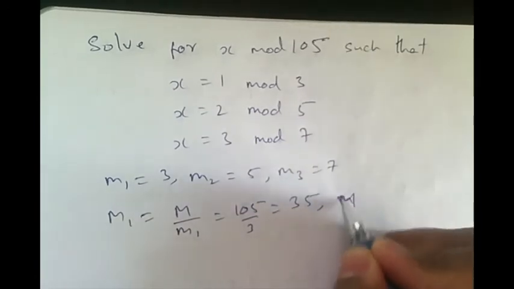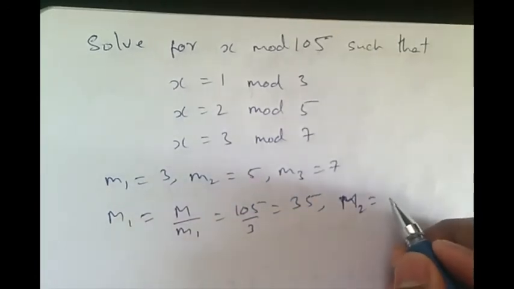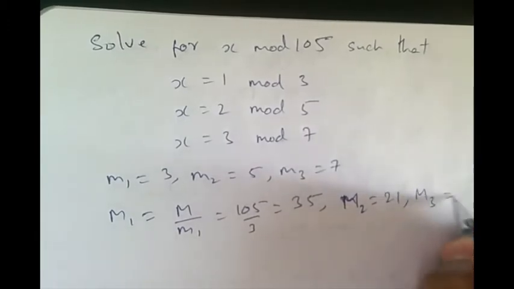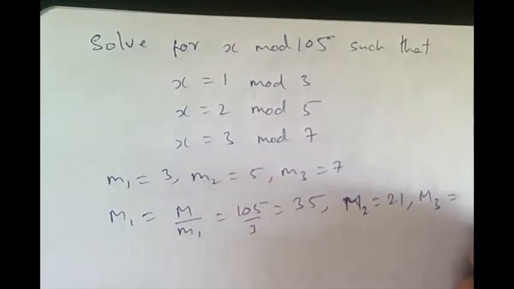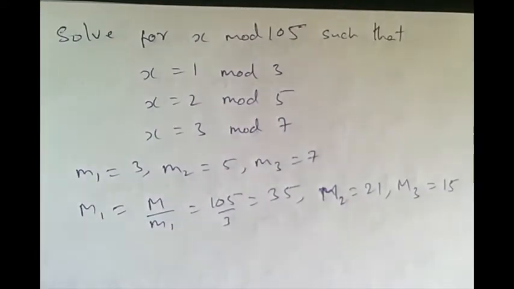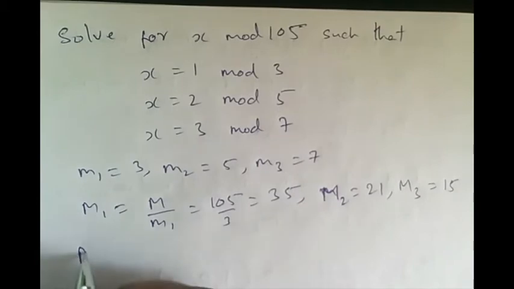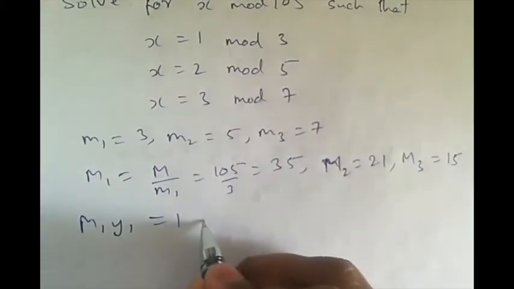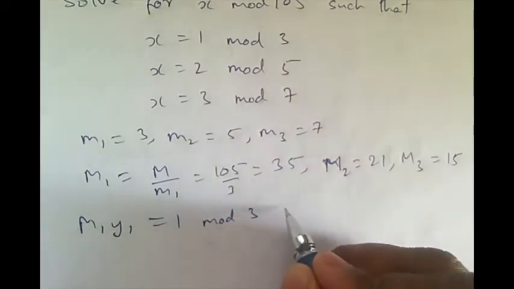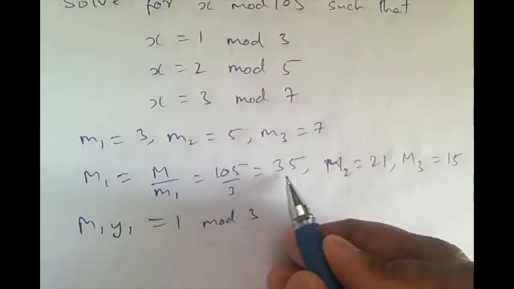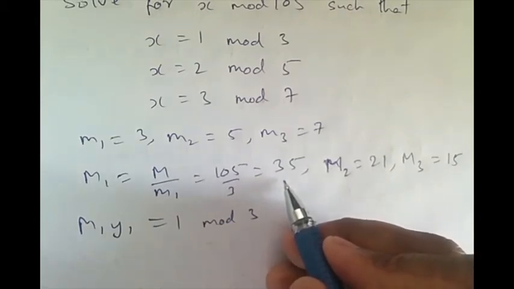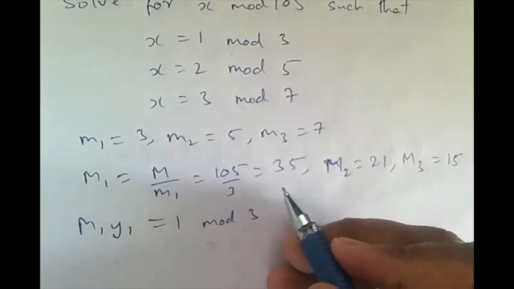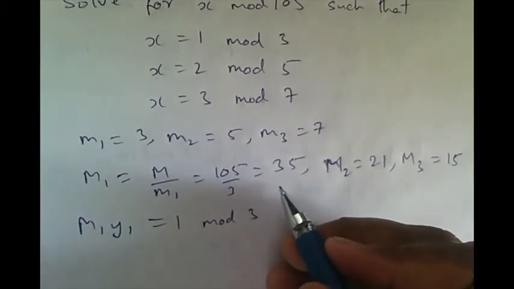Similarly, capital M2 is 105 by 5, which is 21, and capital M3 is 105 by 7, which is 15. Okay. So I need M1 y1. I want y1 such that M1 y1 is equal to 1 modulo 3. Now capital M1 is 35. 35 modulo 3 is 2. And 2 squared is 4. 4 is 1 modulo 3.